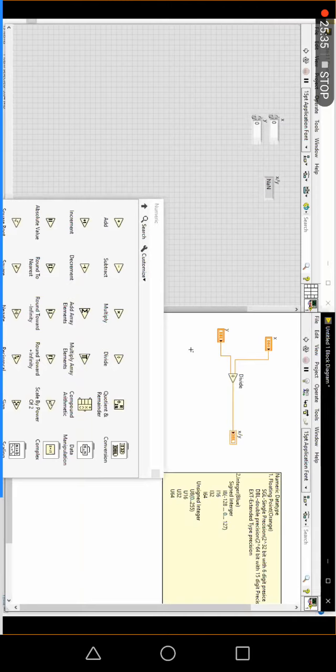So once again I will repeat: when dividing 0 by 0 for a DBL representation, the output of the divide function is NaN, not 0. NaN, not a number.